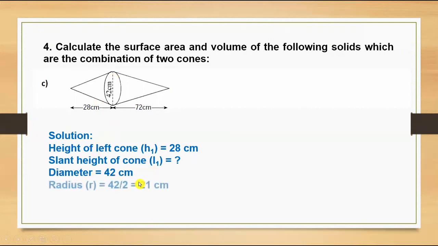Diameter is 42. As I already said, we have to divide it by 2 to get its radius. 42 divided by 2, 21 centimeter is the radius of both cones.